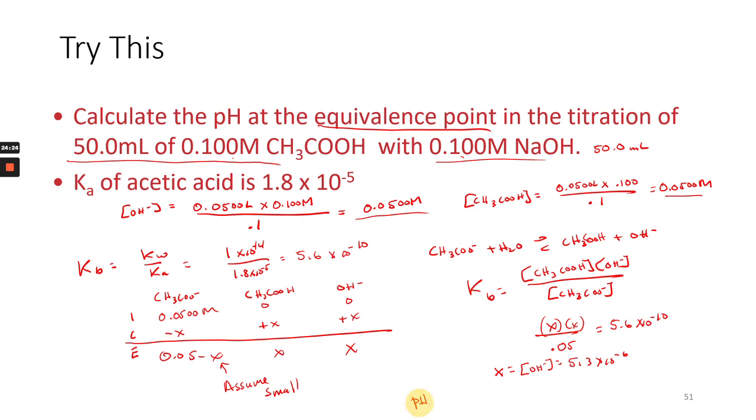If we want the pH, we're going to do 14 minus the negative log of this number, where this term right here is the pOH. And when we plug all that in, we get 8.72, which is slightly basic.